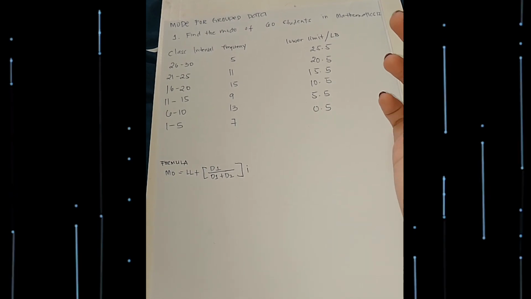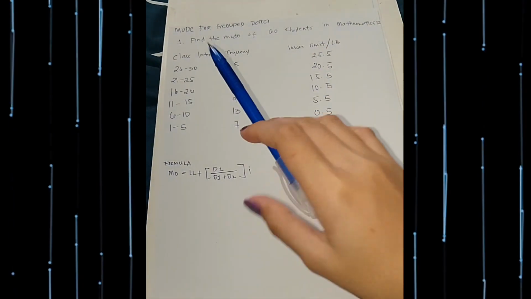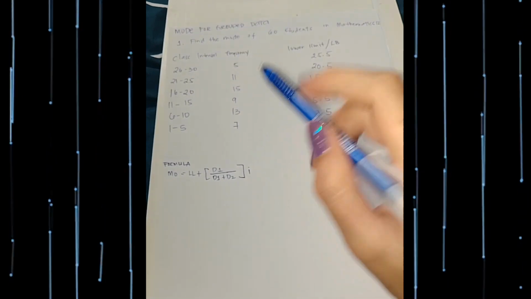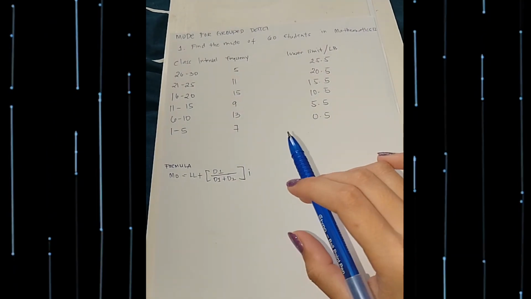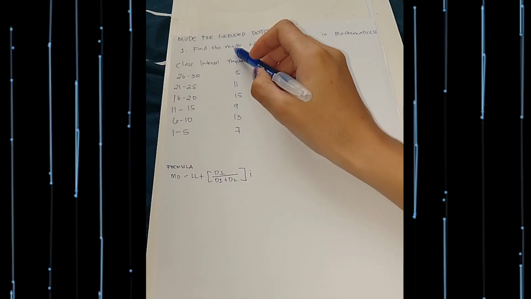So since we're done finding the median, we proceed to finding the mode for the grouped data. So we have the same problem here, but the missing value is the mode.